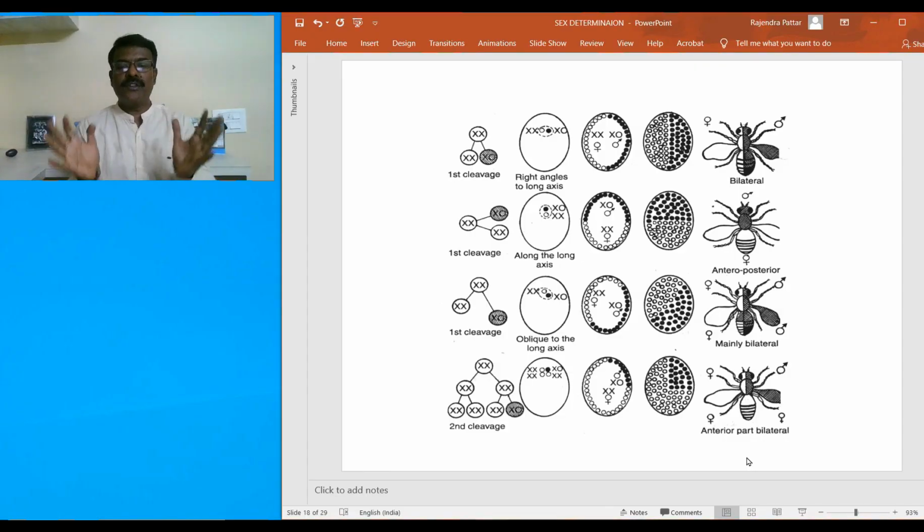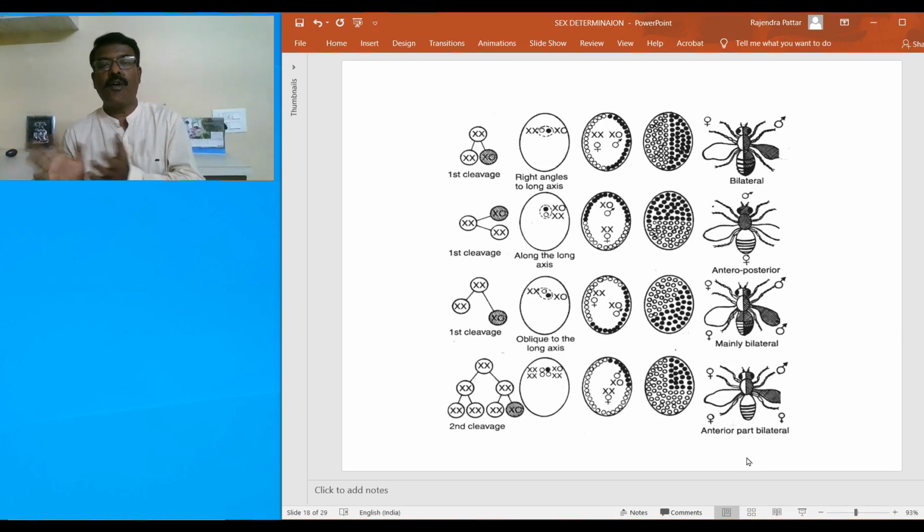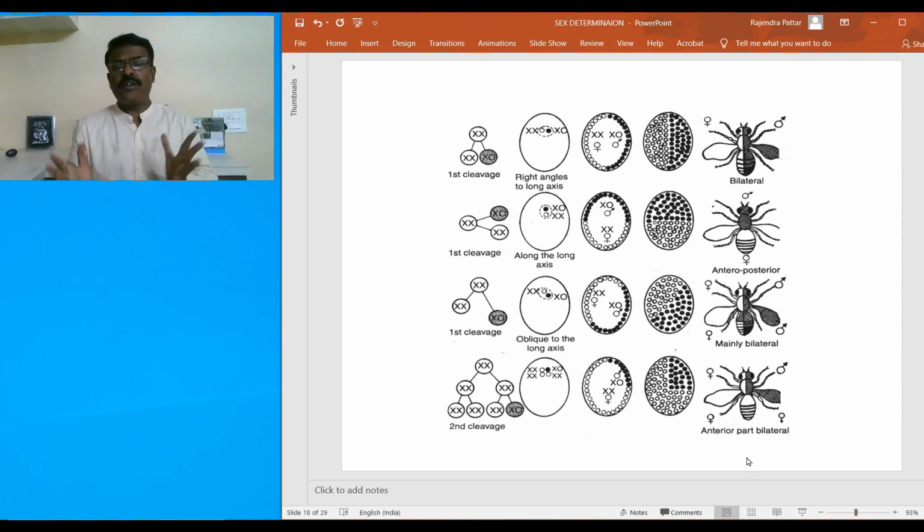Let me conclude this concept: what are gynandromorphs? Gynandromorphs are genetic mosaics, where the gynandromorphic individuals in the case of the fruit fly show part of the body as female and the remaining part of the body as male, or vice versa. And this is all because of the error that takes place during the cleavage after the formation of the zygote.